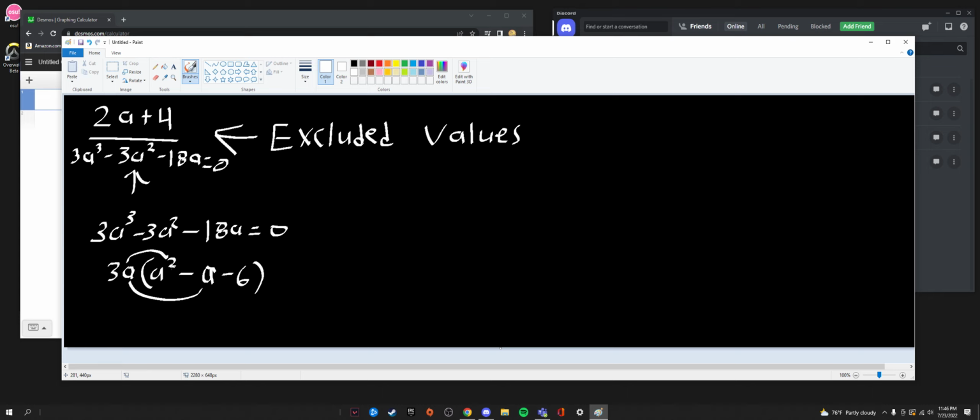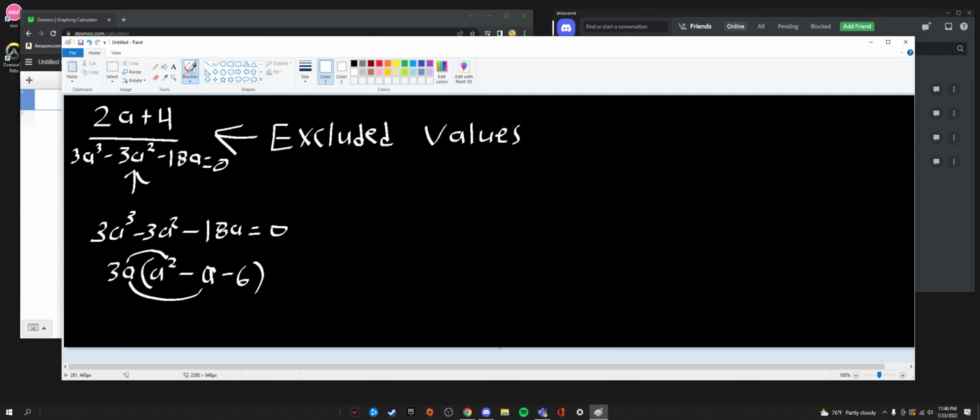So now that we've factored out our 3a, we can do one of two things. We could try to factor again with our quadratic here and see what the roots of our function are, or we could solve the quadratic with the quadratic formula, and also the 3a.